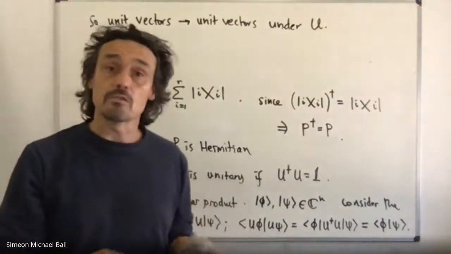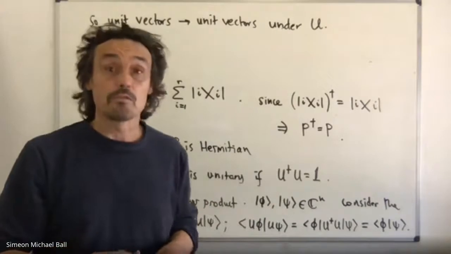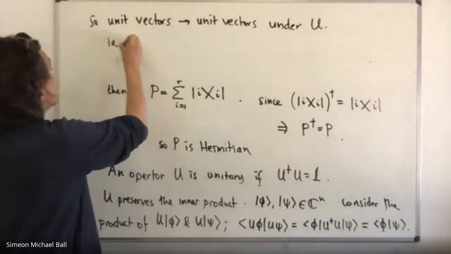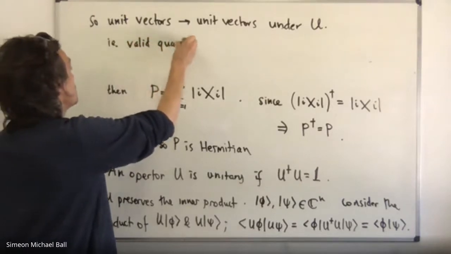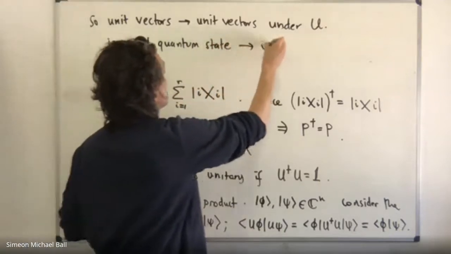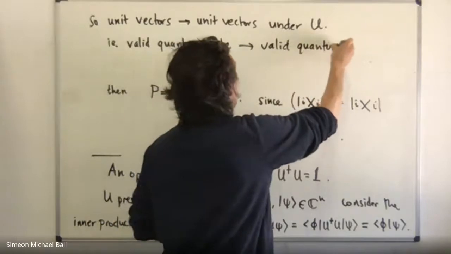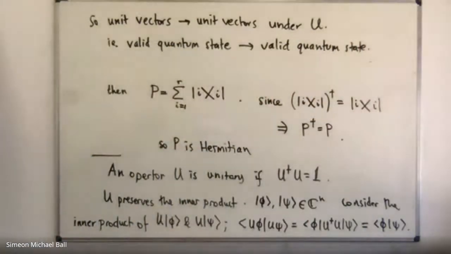So somehow the probabilities, it's a valid quantum state. So a valid quantum state goes to a valid quantum state.